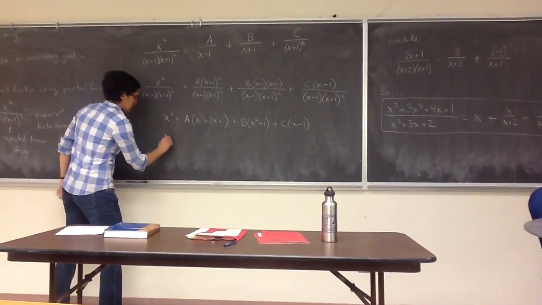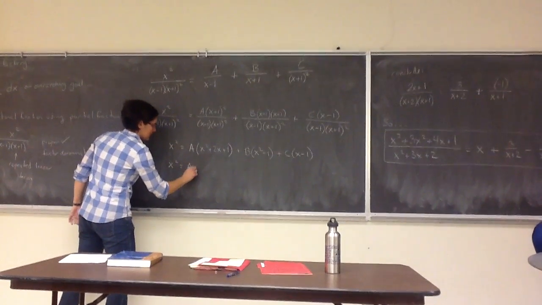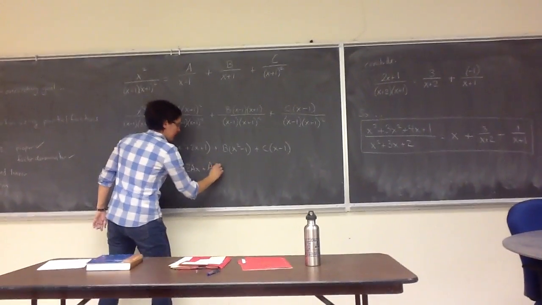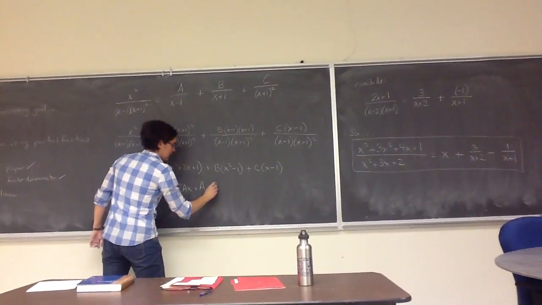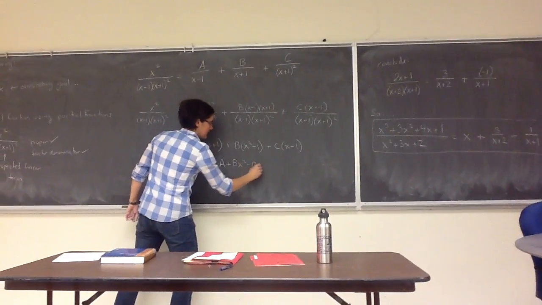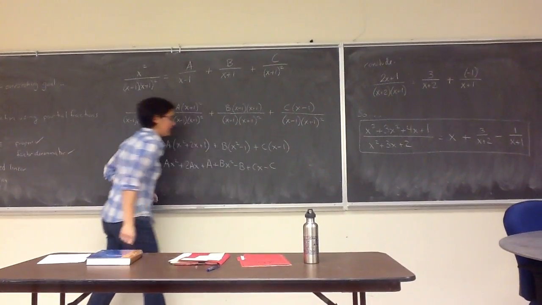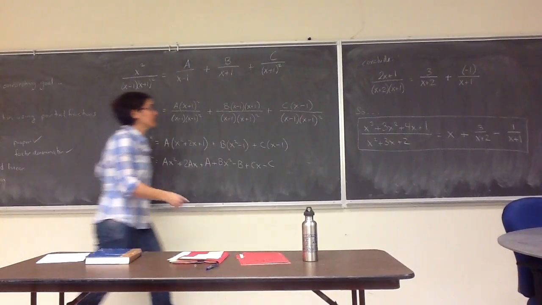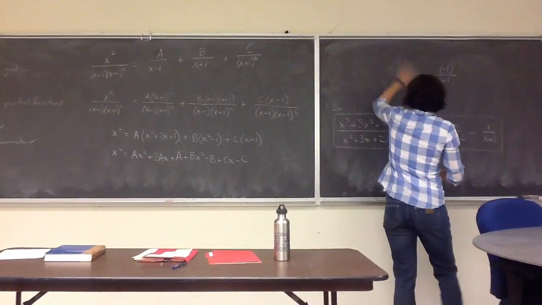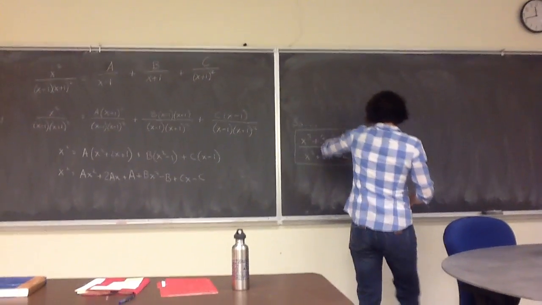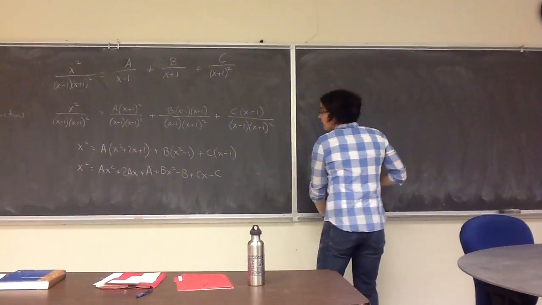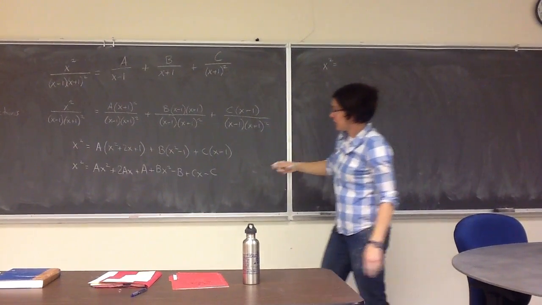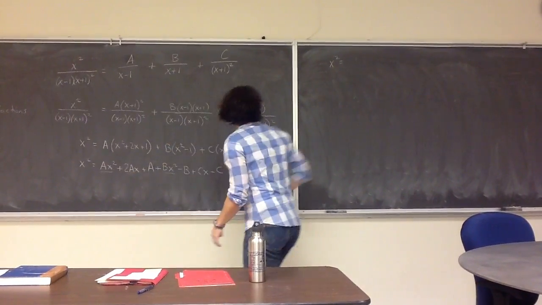Alright, I still need to finish expanding out these terms, so I've got ax squared plus 2ax plus a, plus bx squared minus b plus cx minus c. Alright, so combining some terms, I'm going to collect together my x squared terms.